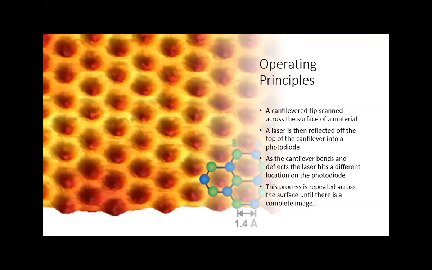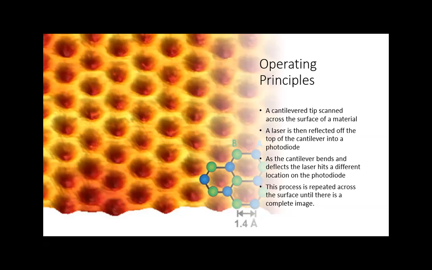Here we have the cantilever and it's fixed. The top of this is reflective and we've got our needle coming off the end of it. Then we shine a laser down onto this reflective surface and it gets reflected to a photo sensor.